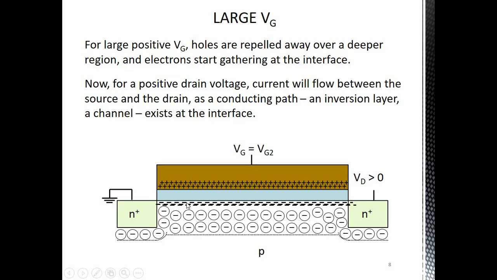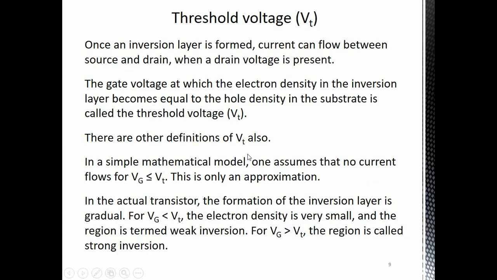Therefore, current actually does flow in a MOSFET for gate voltage less than the threshold voltage. But for our purposes, just to simplify the analysis of circuits, we'll assume that the current is zero. The assumption is justified only because the current is very small. So we say, okay, it is so small that we'll assume it to be zero.